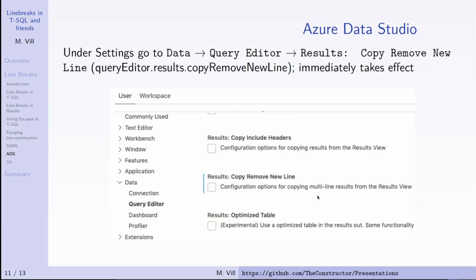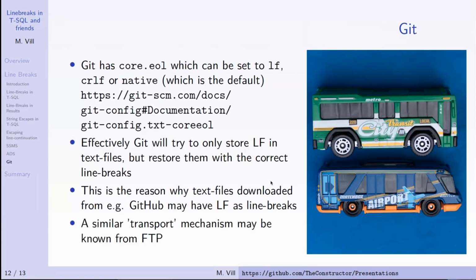So last thing I want to point out is that if you're on transport with text files, many systems, especially older systems, have their own ways of dealing with line breaks. So Git, for example, tries to always store just line feed as line breaks, but offers a setting where how line breaks are expanded, so to say, when you check out things locally.